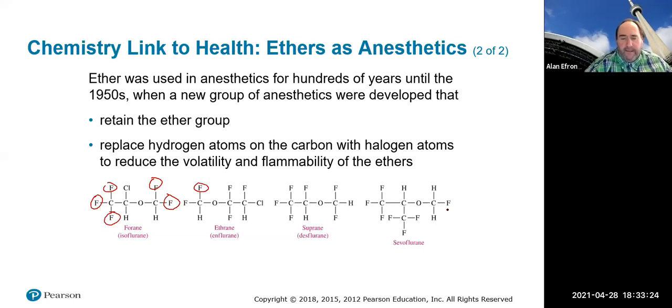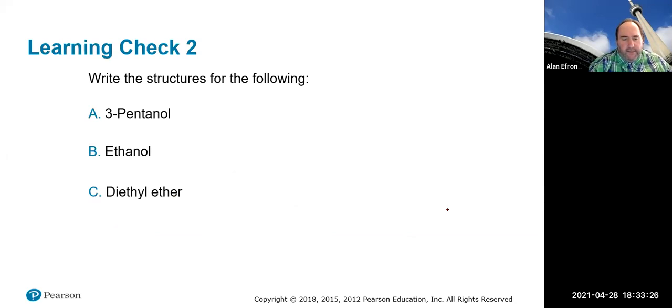All right, so why don't you take a second and draw the structures for these guys: 3-pentanol, ethanol, and diethyl ether, and see what you come up with. Okay, so we want to draw the structures here. So again, as we've talked about, we always want to work backwards in the name.